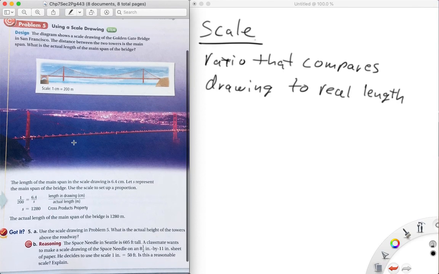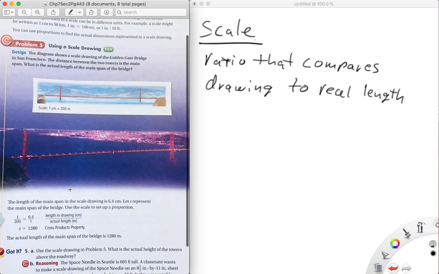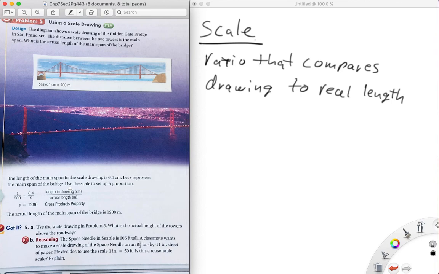What, do you want me to use a ruler or something? The length of the span of the scale drawing is 6.4 centimeters. Let S represent the span of the bridge.